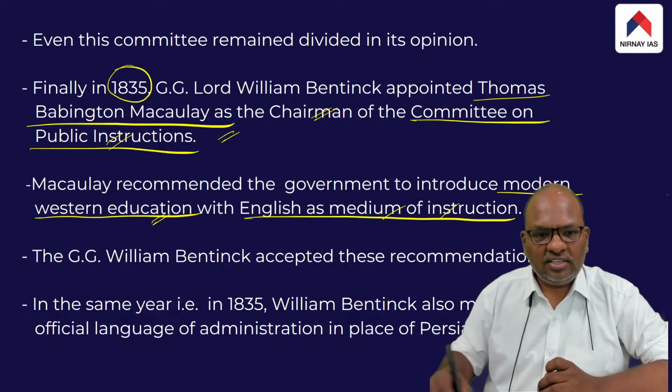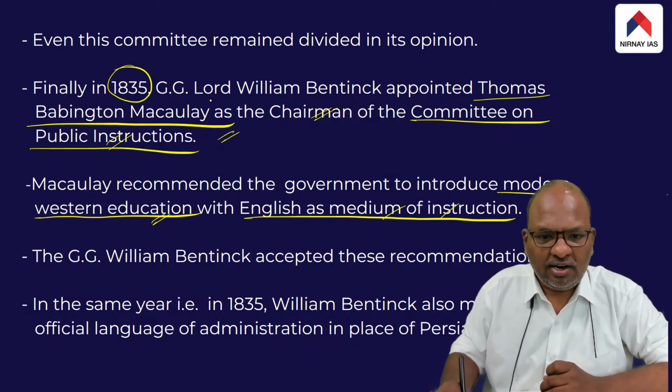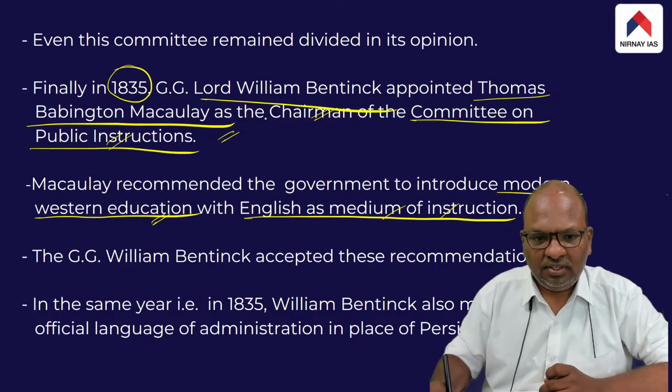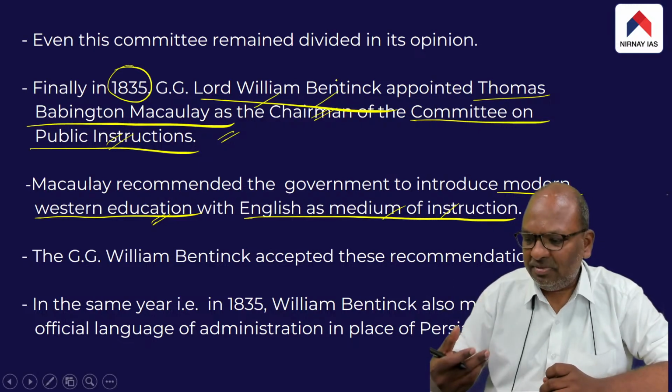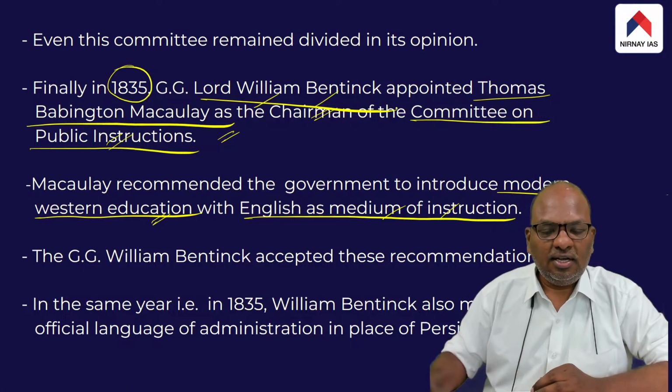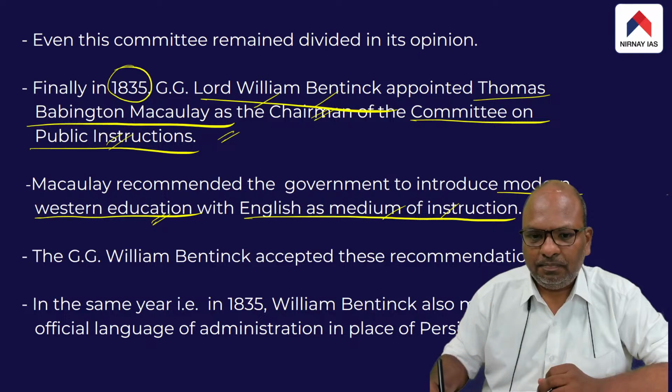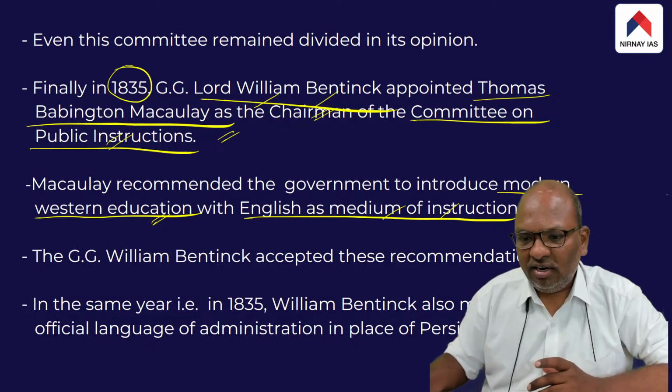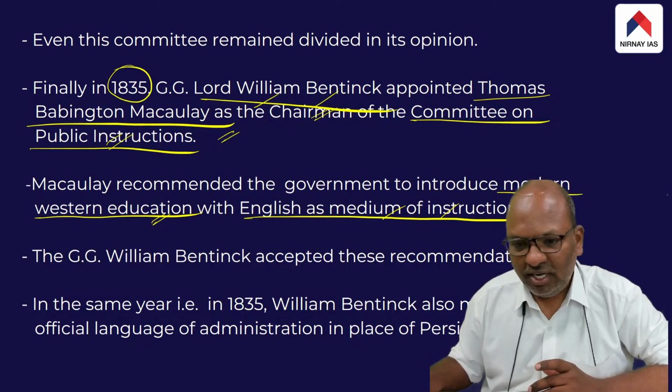The British Governor General at the time was Lord William Bentinck. He accepted the report submitted to him by Macaulay, and with this began the modern Western educational institutions in the country.